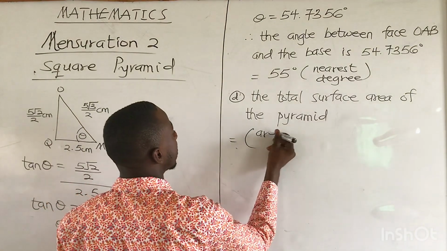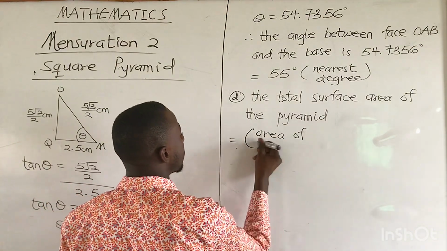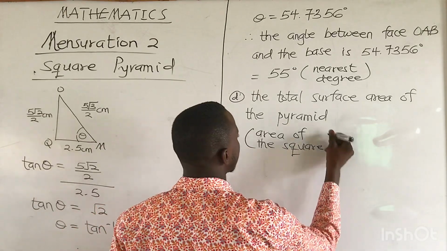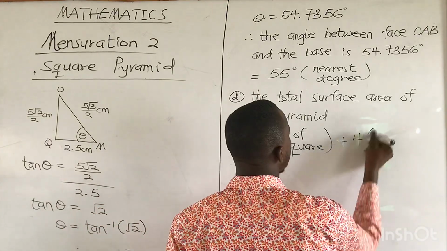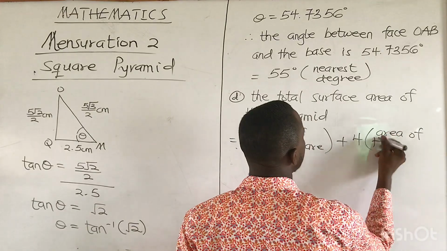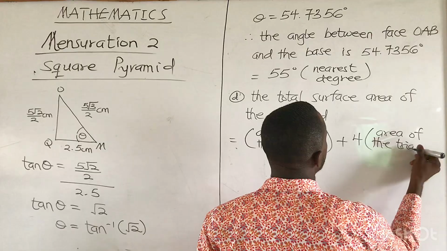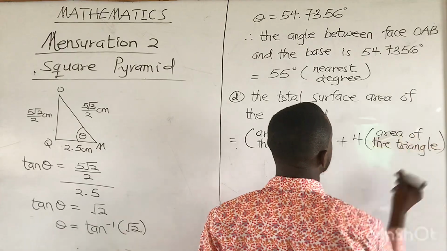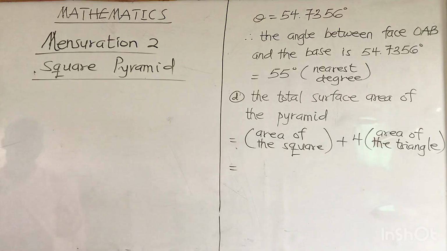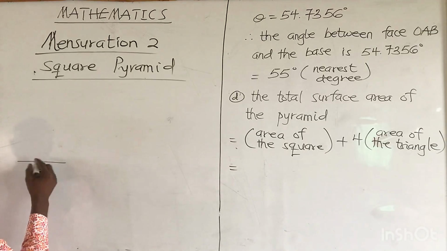So area of the square plus 4 multiplying area of the triangle. All right. So I am going to resketch it again.